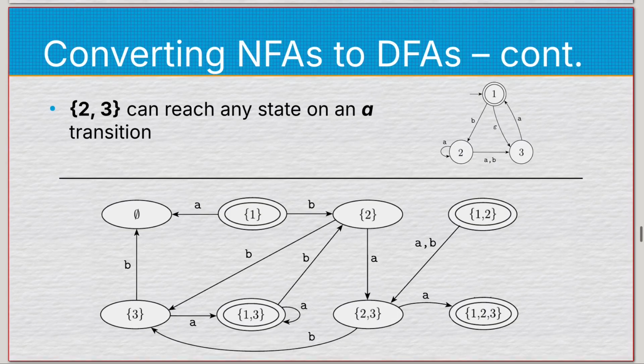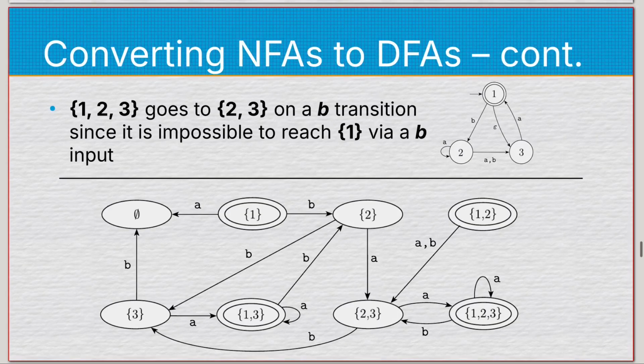And then finally our 1, 2, 3 state. Not too surprising, 1, 2, 3 on an A input is just going to cycle back to itself because we already know that there's somewhere that can get to it from A. So since it includes itself, it's going to be able to cycle back. But the more interesting part is that it doesn't cycle back to itself on a B input.